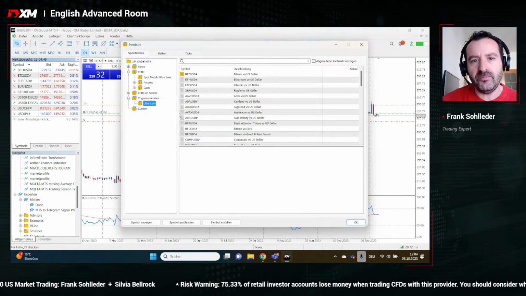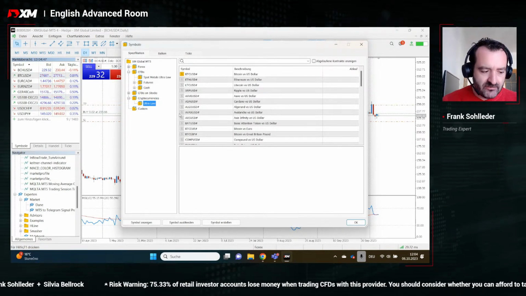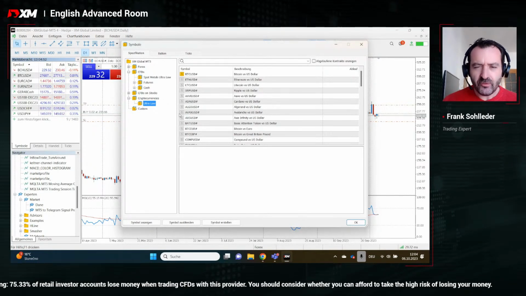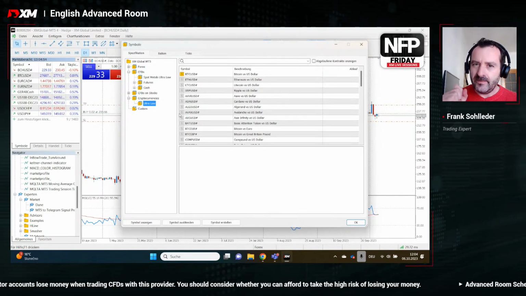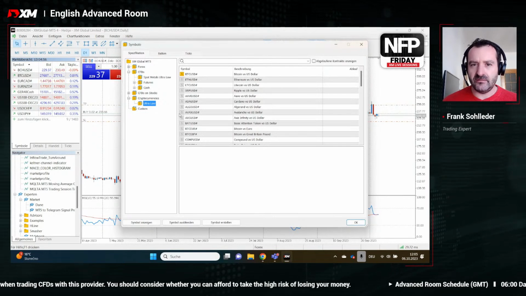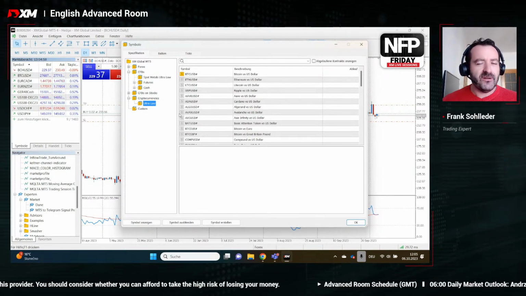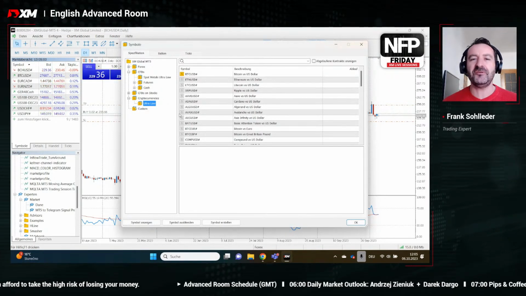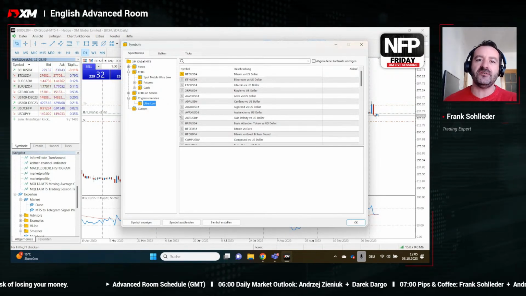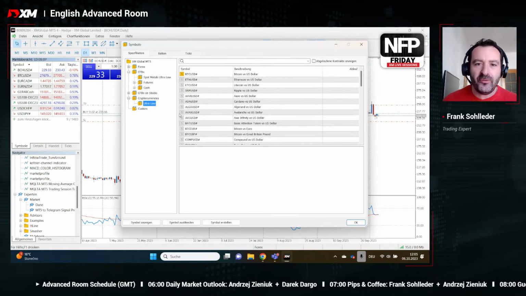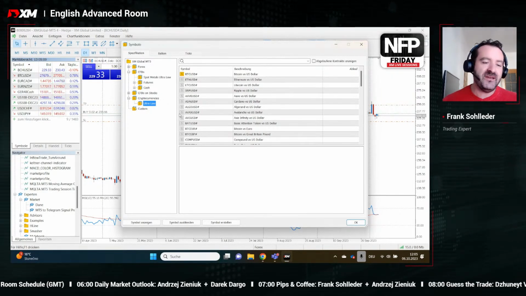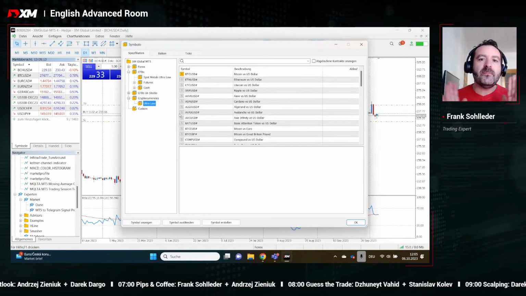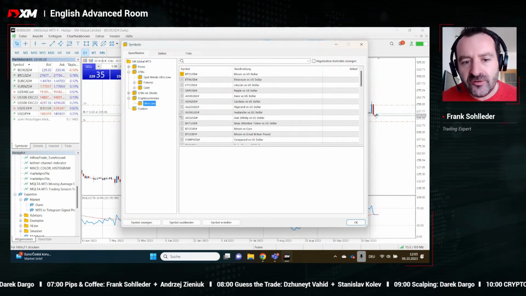It is very important to mention that in the ultra low accounts at XM, you find a lot of assets that have no swaps, the overnight costs. The spreads, of course, are always there, the difference between the buying and the selling price, but no swaps. And this also counts for crypto.